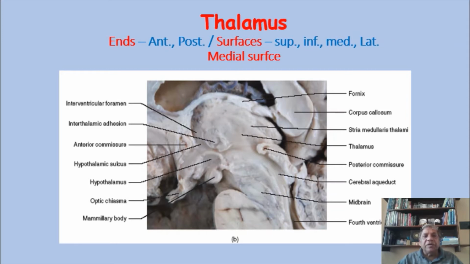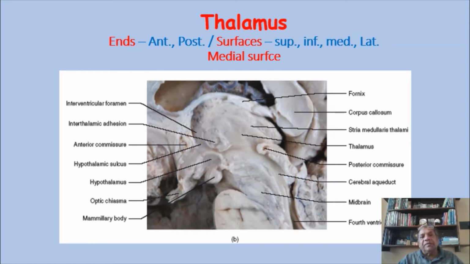It has two ends, as we have learned. The anterior end is narrow, lies anteriorly and close to the midline, just behind the interventricular foramen. Then this is the posterior end of the thalamus, which is an overhanging part.